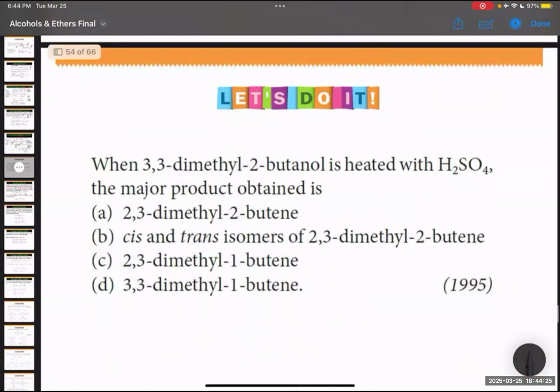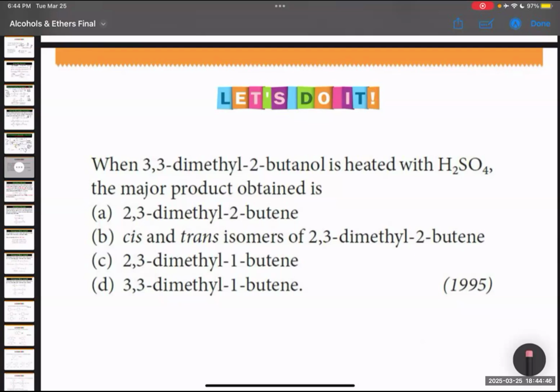Okay, so let's do this. Very simple question. So what's going to be the answer to this one?